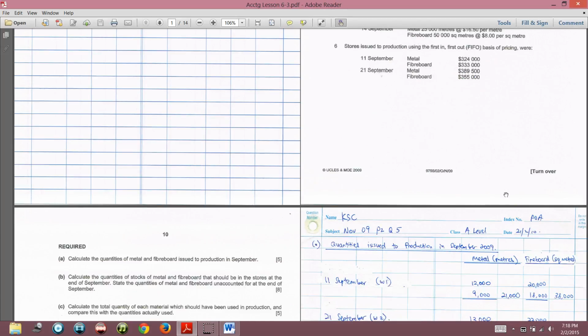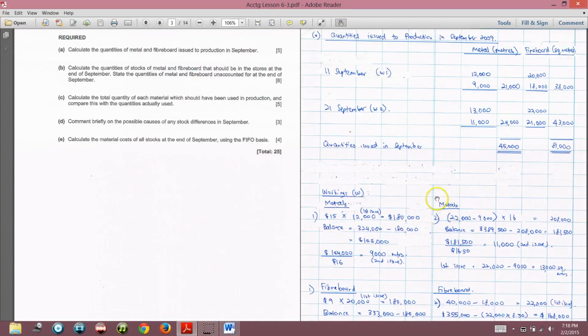So the quantity of the subsequent metal: this 144,000 divided by $16 will be equal to 9,000 meters. After they issued all the opening stock, they subsequently issued another 9,000 meters of metal to production. So on 11 September, the quantity of metal issued to production was 21,000.